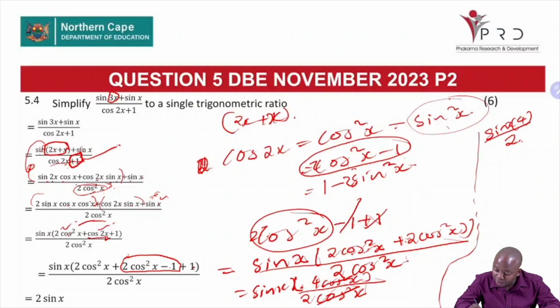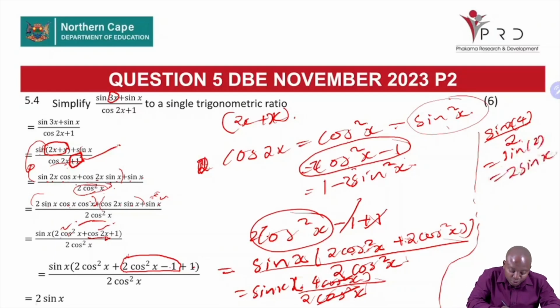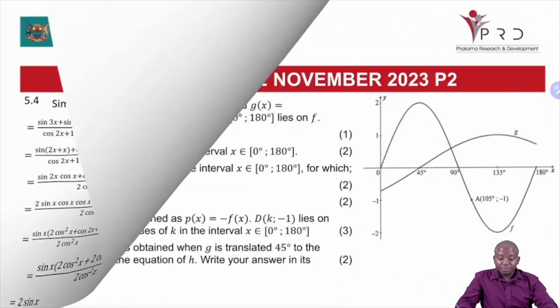Now we know that 4 divided by 2 is 2. So this is just 2 sine x, which is what we have as our solution in that case. From here, we add the 2, we have 4 cos squared x over 2 cos squared x. Then cos squared and cos squared cancel out. 4 over 2 gives us 2.